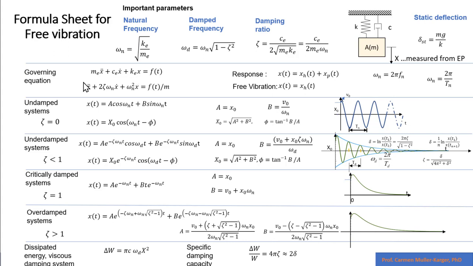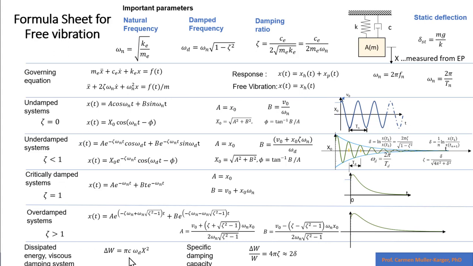We can also write the equation of motion with respect to the damping ratio and the natural frequency, and we will have this form. The total response of the system will be the homogeneous response plus the particular response. When we have no force applied, we have free vibration, and the total response will be equal to the homogeneous response.